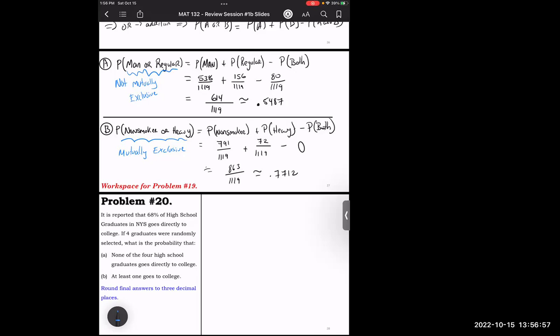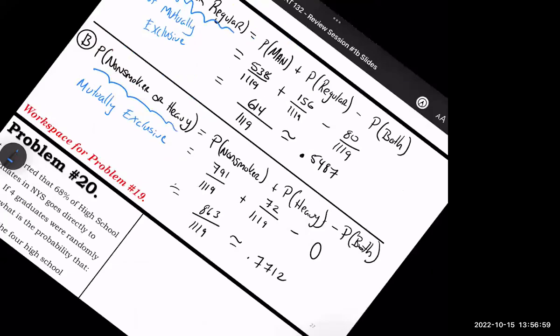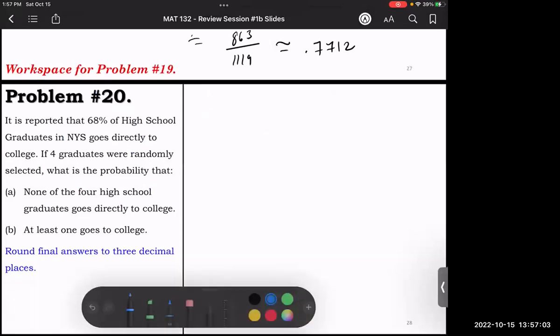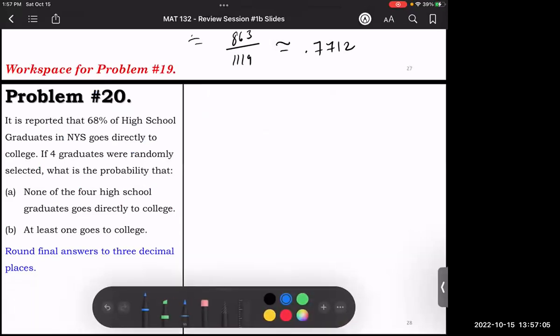All right, so I'm just going to rotate my screen because I will need a little bit more space than what's shown. So first of all, when we're dealing with computational problems that involve percentages, be sure you rewrite the percentage as a decimal. So what is 68% as a decimal? 0.68.